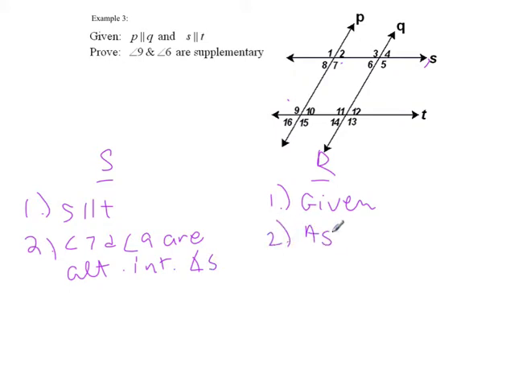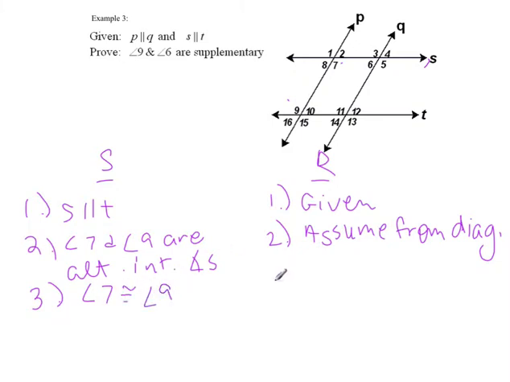Assumed from diagram. And then I'm able to say they're congruent. Angle 7 is congruent to angle 9. If lines are parallel, then alternate interior angles are congruent. Oops, I forgot the word interior, not a good thing.